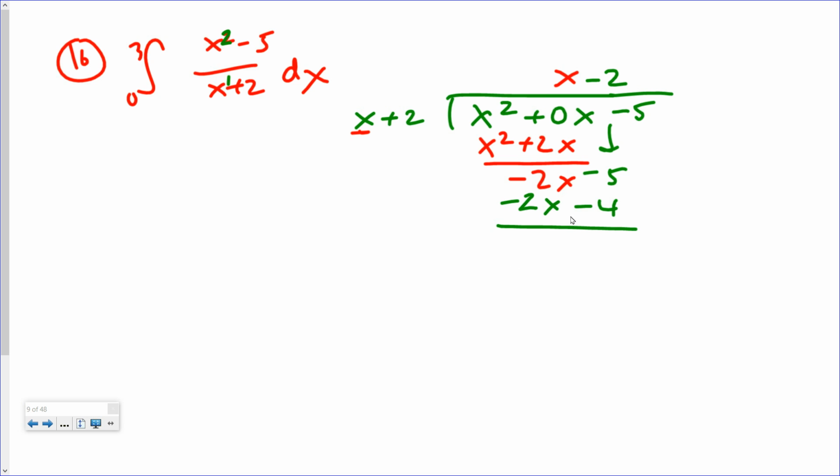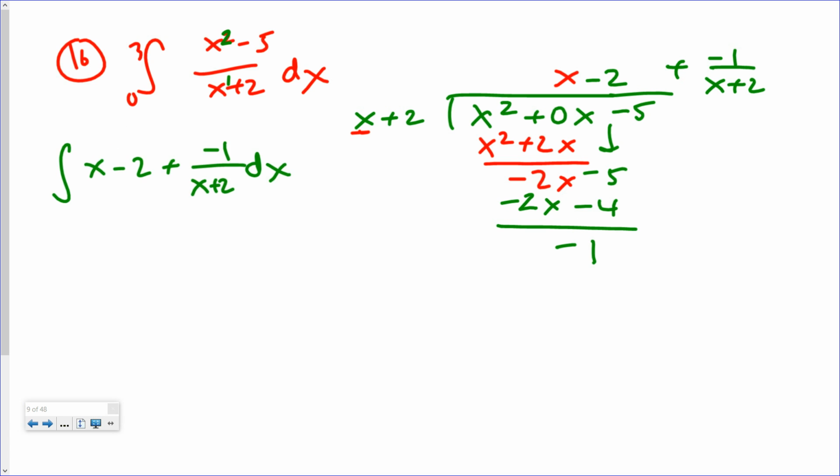Negative 5 minus negative 4 is what? Negative 1. Okay, so what you get is plus minus 1 over x plus 2. Okay, so my new problem is going to be x minus 2 plus negative 1 over x plus 2 dx.